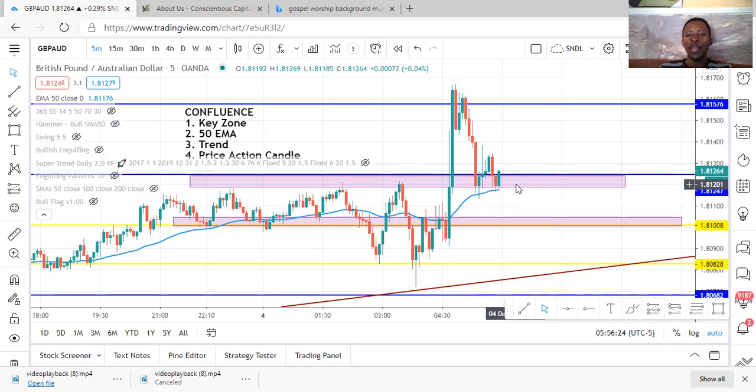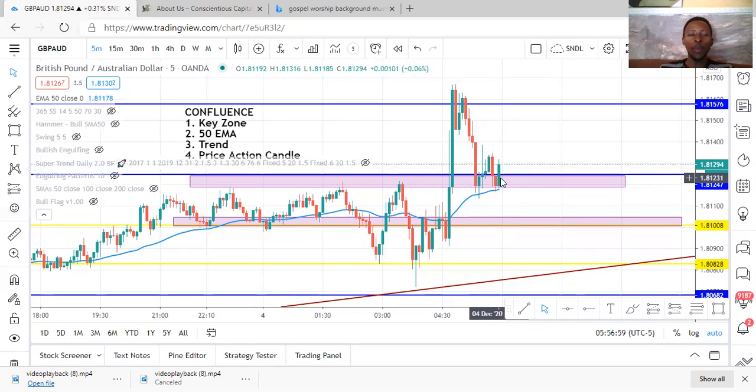And looking at this, as you can see, the price has just rejected the zone, and the price action is giving us an engulfing candle. It has engulfed. So if it closes in this very nature, then it's a very good confirmation for a buy signal.